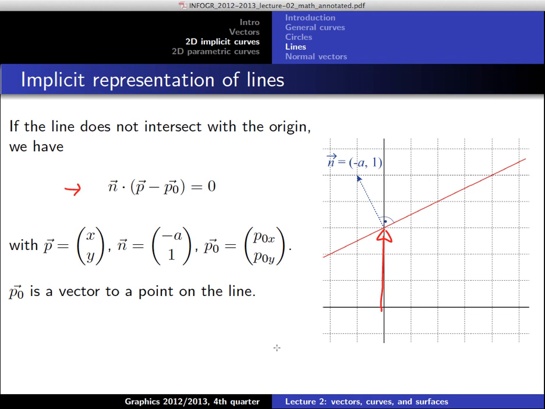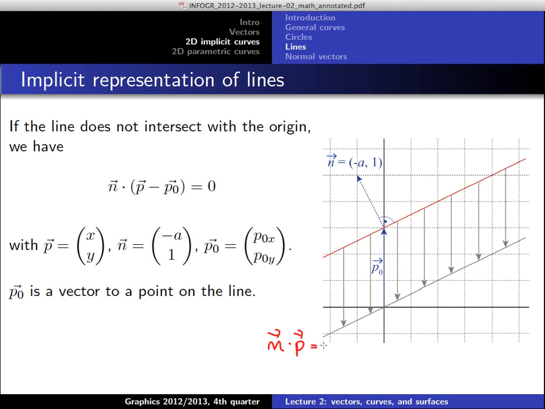And the reason why we subtract it can be illustrated in the same way as we did it with the circle. If this is the equation for a line through the origin, then a point on the shifted line, if we take this point and subtract this vector p from it, must be on the line going through the origin.